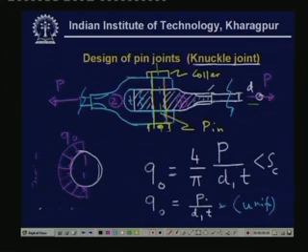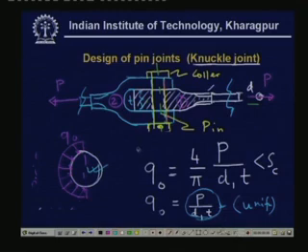But normally, because we want a very simple design, not very complicated, and we want answers in the simplest way, we design based on this second assumption. In future also, when we want to find the crushing strength, we normally use this uniform pressure assumption.